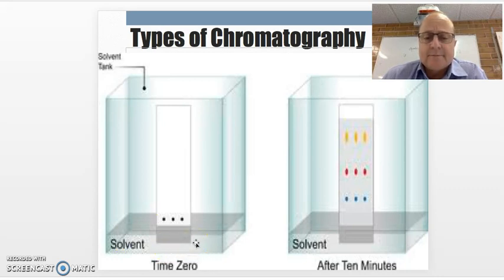That's the solvent. So when the plate is placed into this liquid, the solvent or the mobile phase will flow, and that is just through what's called capillary action, which is really just the liquid diffusing across the plate. So the liquid will move through the stationary phase, and it will carry the mixture with it.